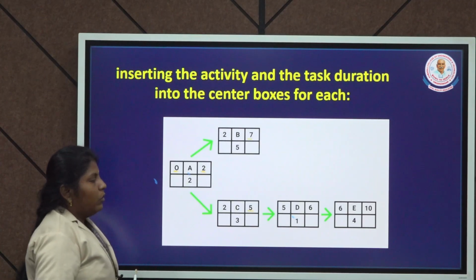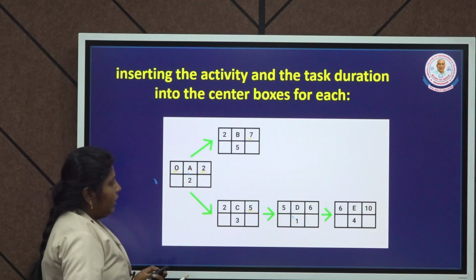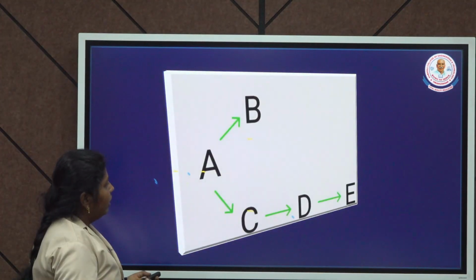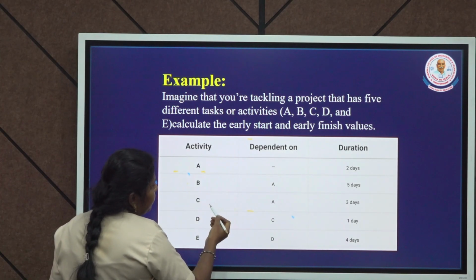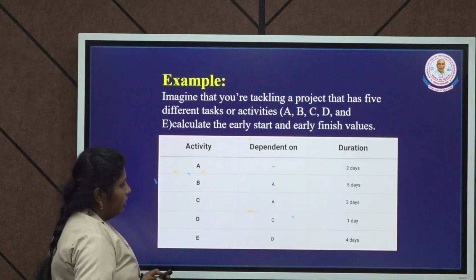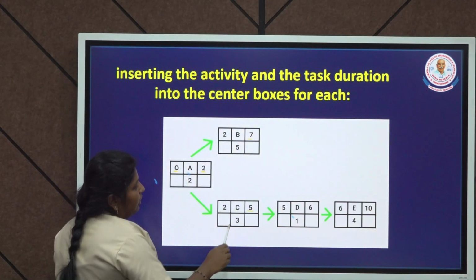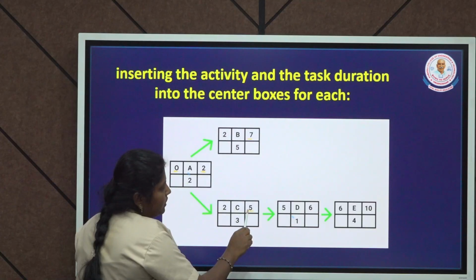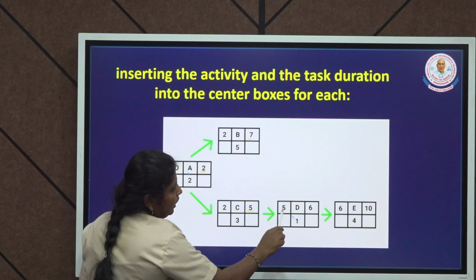So how can you calculate? It's easy to understand. So you calculate the value of D. If you see, D is dependent on which activity? Yes, D is dependent on the activity C. So use the early finish value of C for the D value. So here the early finish value of C is 5. So use this as the early start value of 5 for D here.